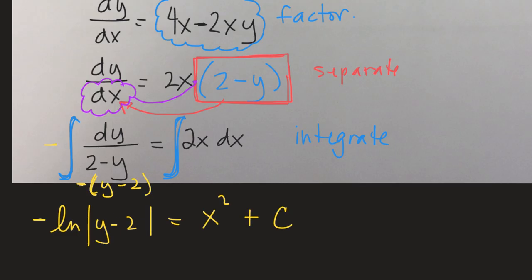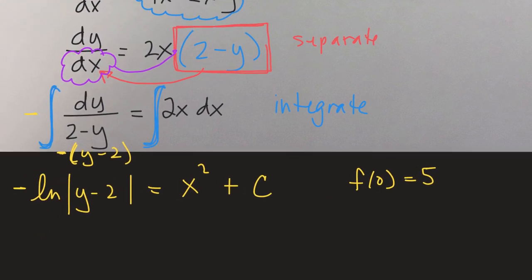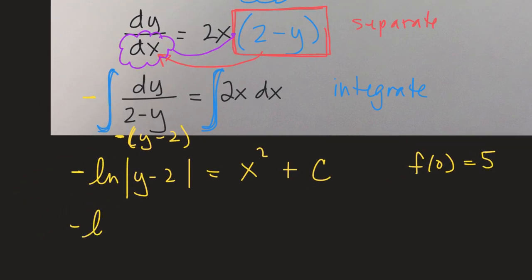So now we're going to use our initial condition of f of 0 equals 5. Right? With the initial condition f of 0 equals 5. So negative natural log of 5 minus 2 equals 0 squared plus c. So c is the negative natural log of 3, right?